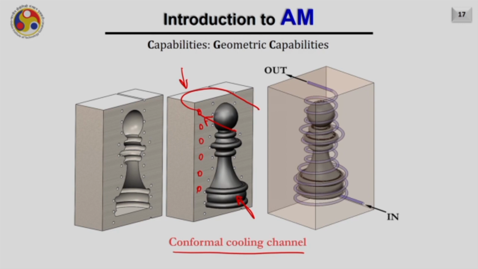While through additive manufacturing, you can build non-linear ducts like you are seeing here. These cooling channels are basically conformal to the object geometry, and the water goes in from here and comes out from here. So, this type of capability is only possible by additive manufacturing.